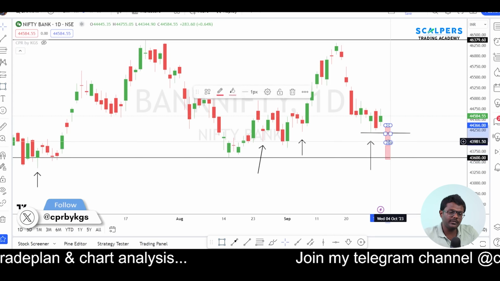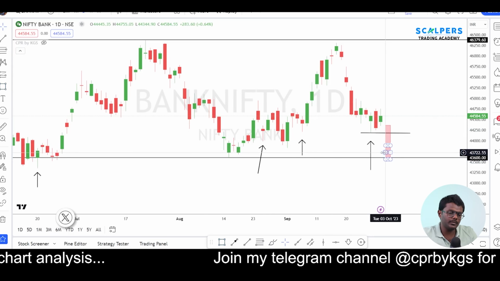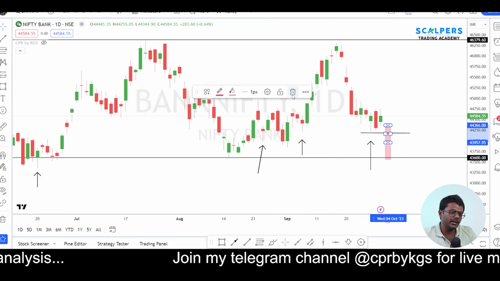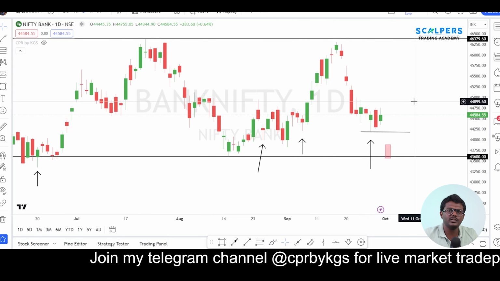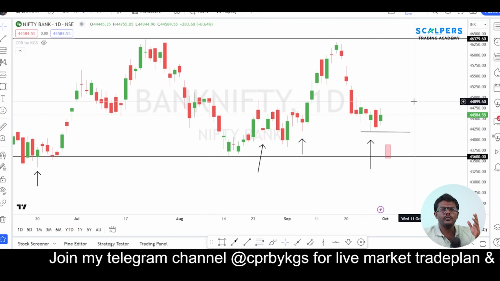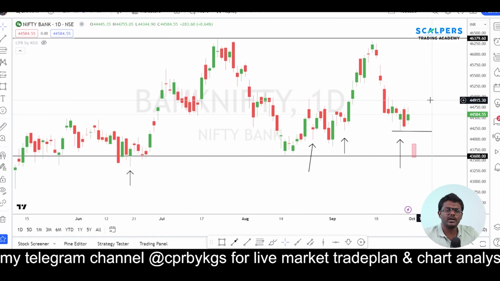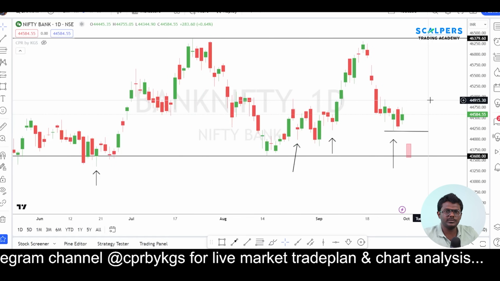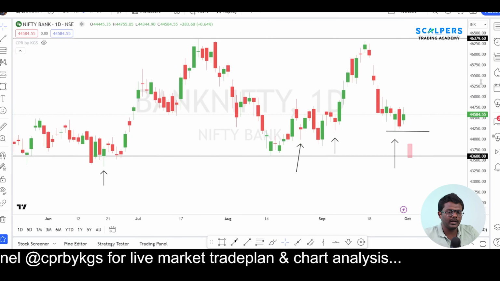So either this hammer candle low has to be broken, or there will be a gap down opening. In both the cases, we will start trusting the bears, and we will focus on taking short positions. And I will start being a bearish person in the market. So this is my trade plan for Bank Nifty.